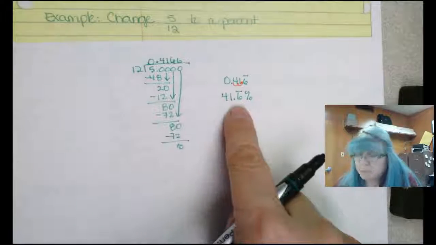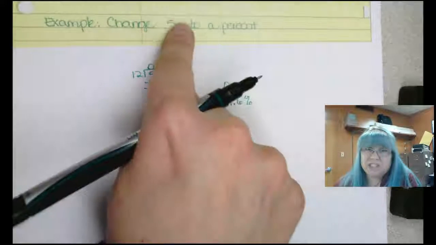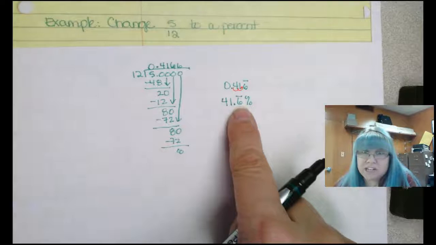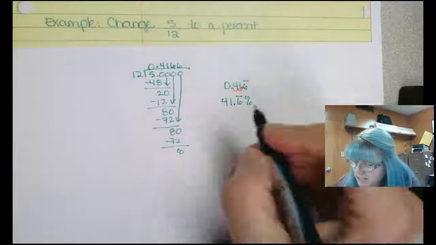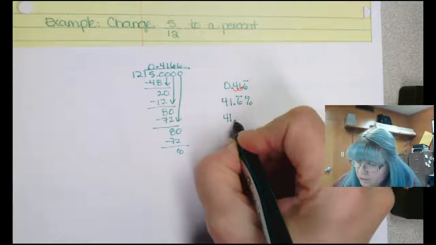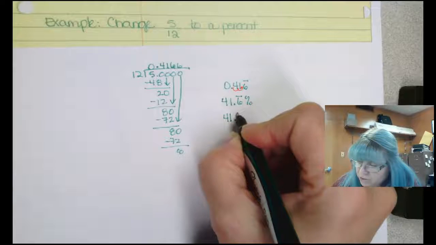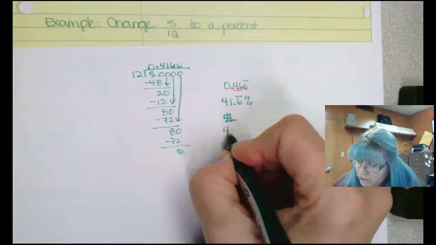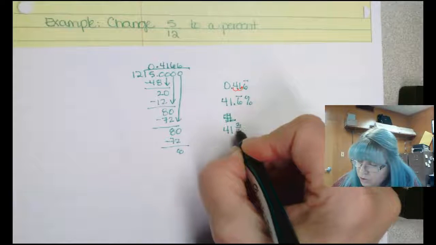But the 6 bar, we started with fractions. We probably should have some type of fraction here. 0.6666666 is one of those that you should kind of know as 41 and 2/3%.